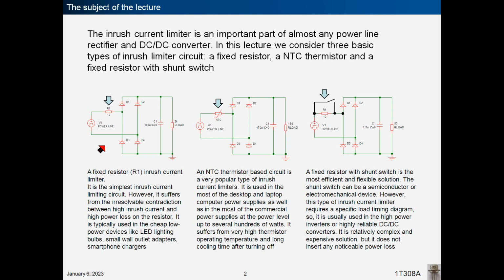However, it suffers from the irresolvable contradiction between high inrush current and high power loss on the resistor. It is typically used in cheap low-power devices like LED lighting bulbs, small wall outlet adapters, and smartphone chargers.